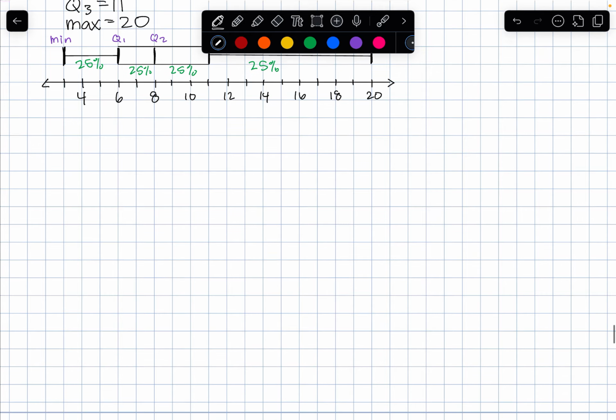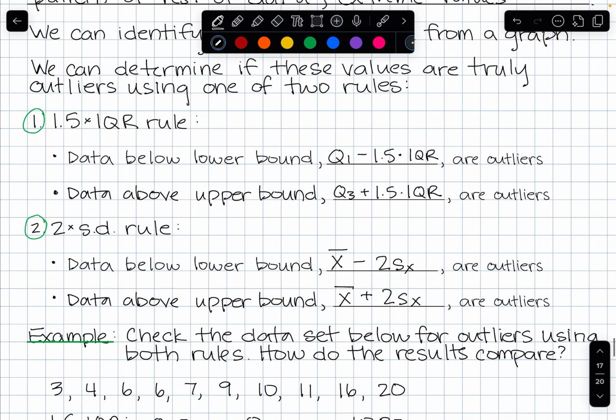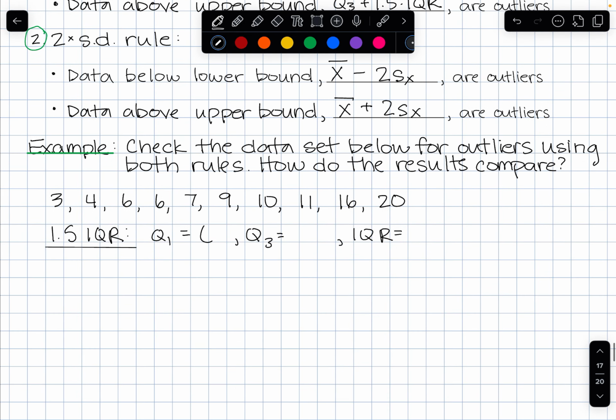So quartile 1 is 6, quartile 3 is 11. And our interquartile range is 11 minus 6, which is 5. We're going to use those values to calculate a lower bound and an upper bound and check where our data sits relative to those boundaries.